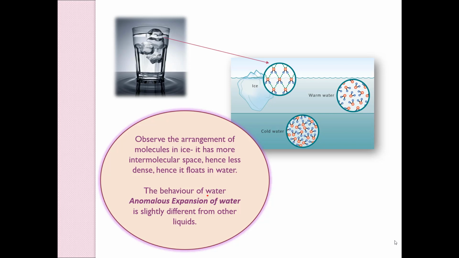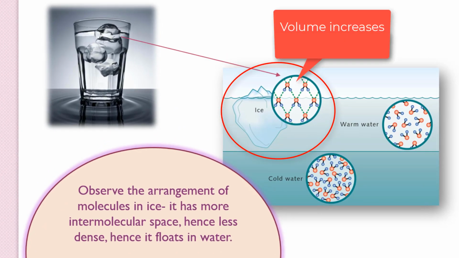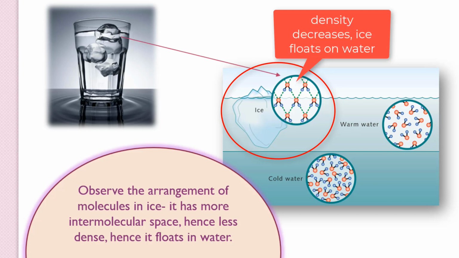But in the case of water, this is slightly different for a certain range of temperature. This behavior of water is very strange and is called the anomalous expansion of water. In this case, you will see when water freezes to form ice, the volume increases and the density decreases. And because the density decreases, ice floats in water.